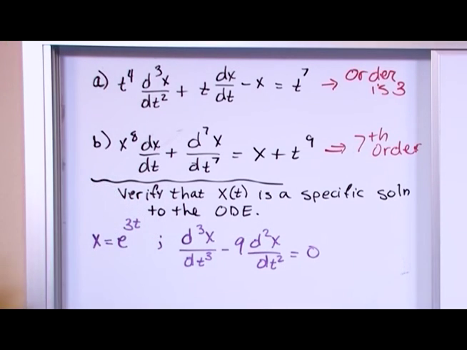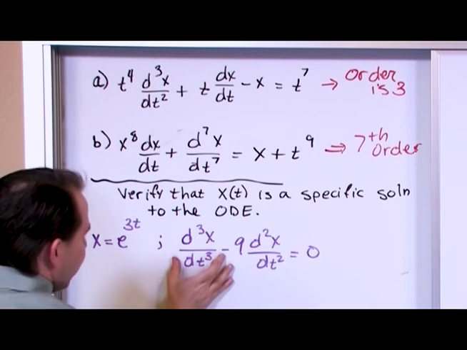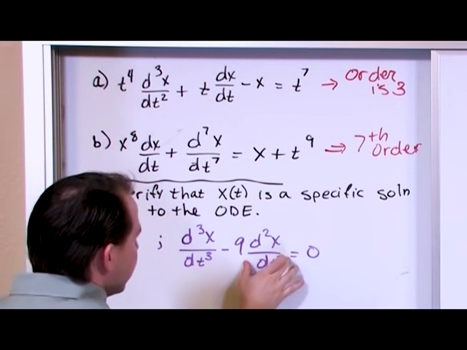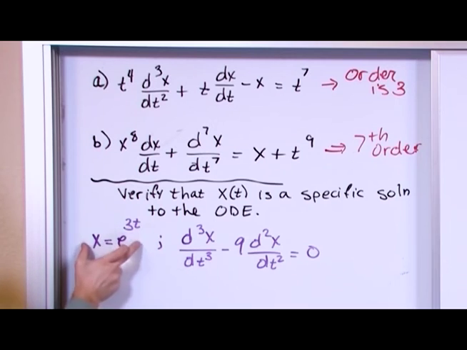Again, you can see this is a much more complicated differential equation. It's a third order differential equation because the highest derivative is 3. I have a third derivative here and a second derivative here, and I claim that this is a solution to that differential equation, or I'm asked to find out, is that true?